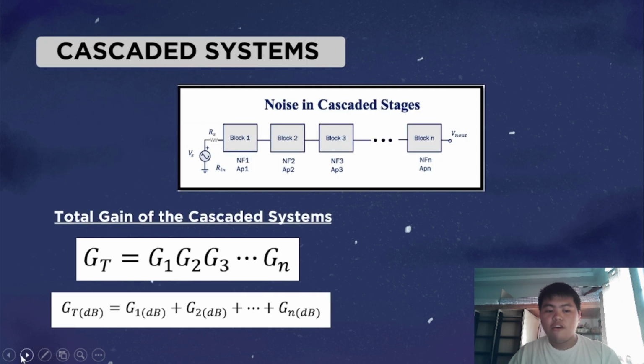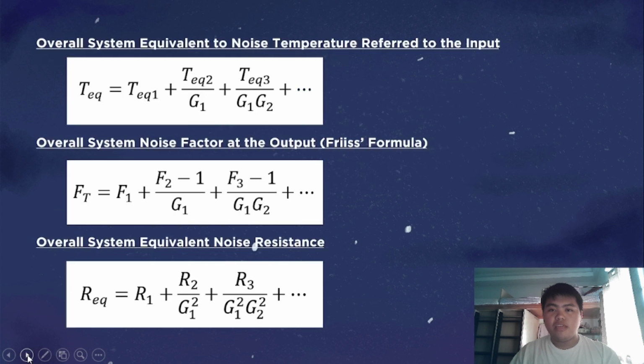So these four equations are what we need to consider when calculating a cascaded system in determining the noise in an electronic communication circuit.